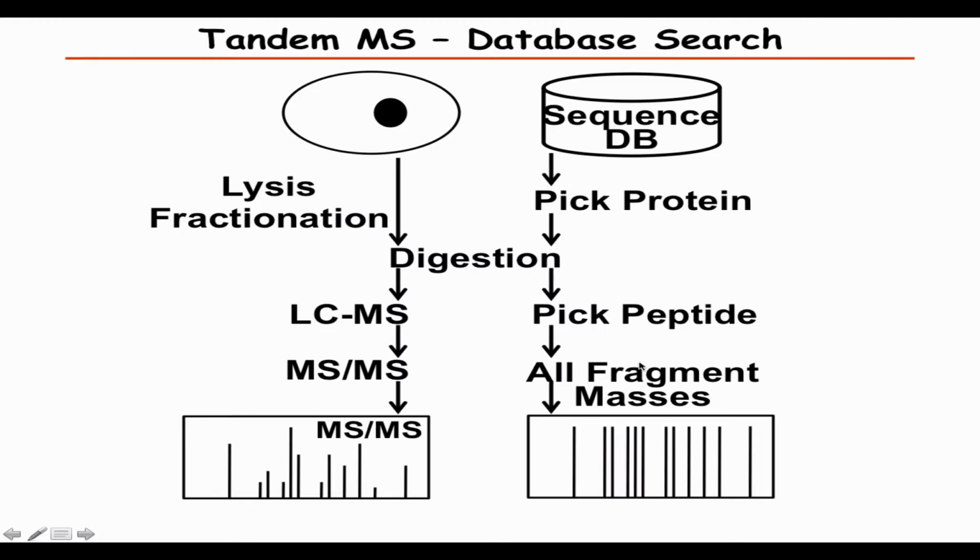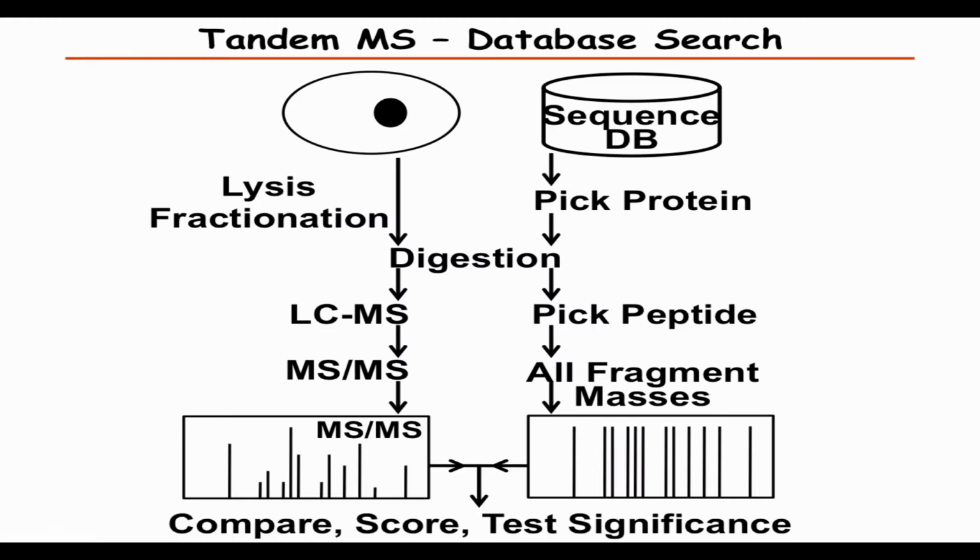Then we take the first peptide and calculate all the fragment masses and compare what we measured to what we calculate. There are many, many different scoring algorithms for this. But the main thing is that we pick one scoring algorithm, and then we also test the significance of the result.